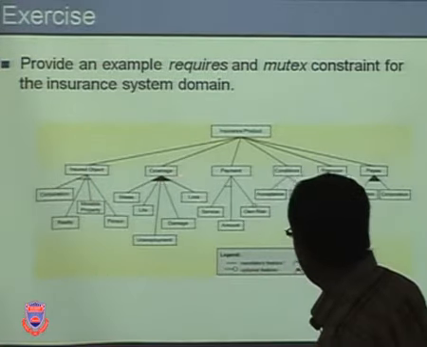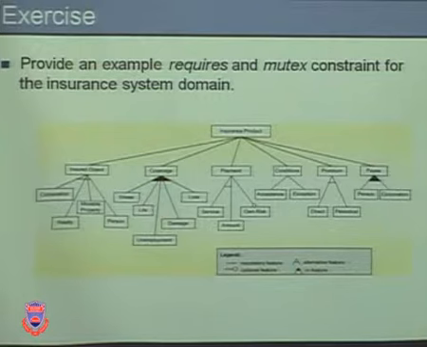So what is damage? Coverage is damage, yes, and then if you select this one, then it requires this. Oh, very good. If you select movable property, then you should select damage or loss.